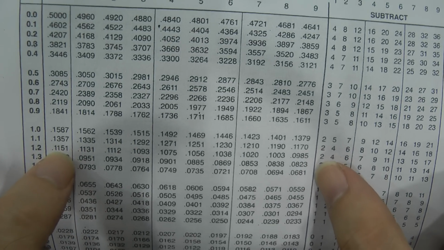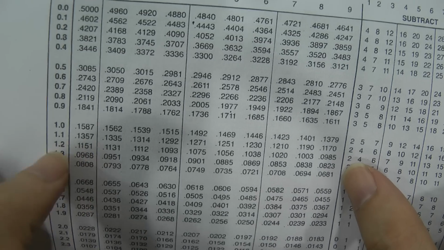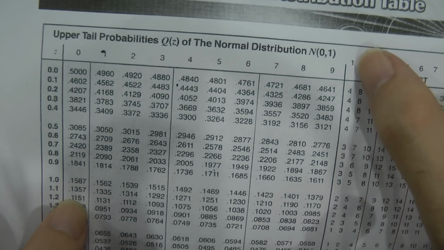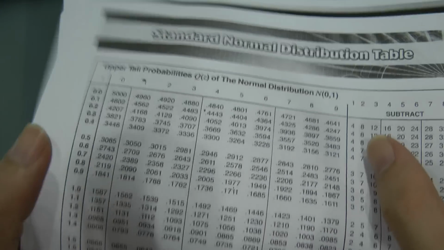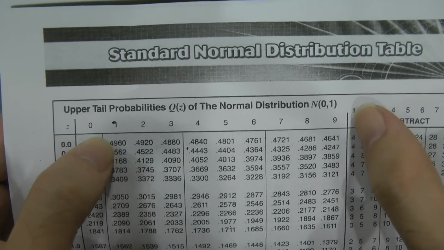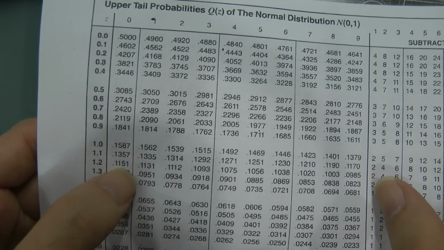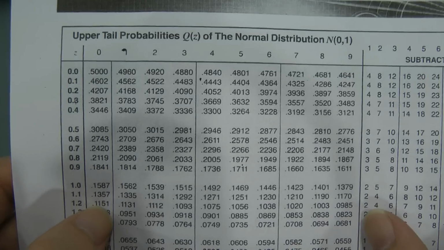So 0.1151 is 1.2 and then minus 1, will be here. So this is 1.2, 0 and 1, because we have to minus 2 to become 0.1149. So it's 1.2, 0 and 1.